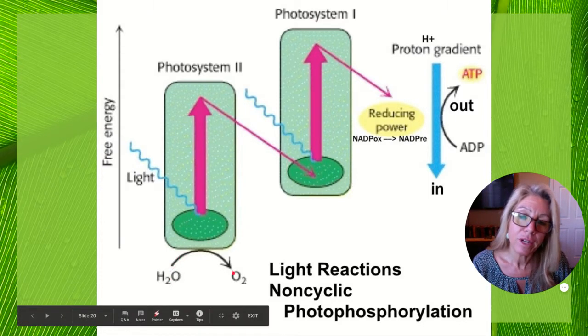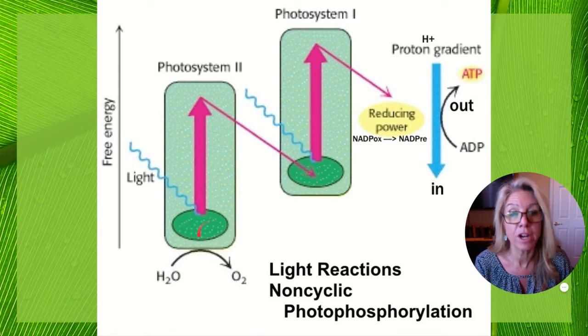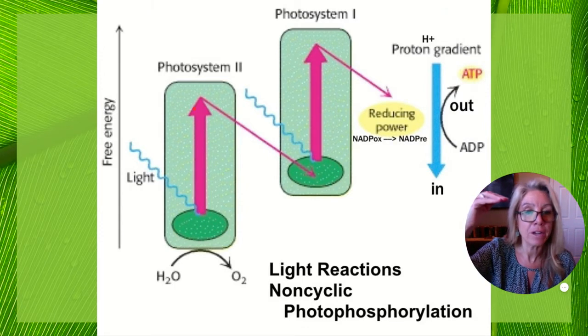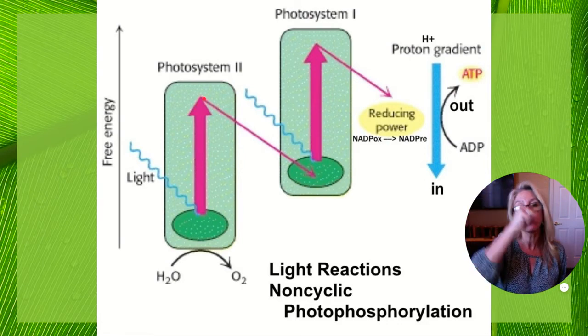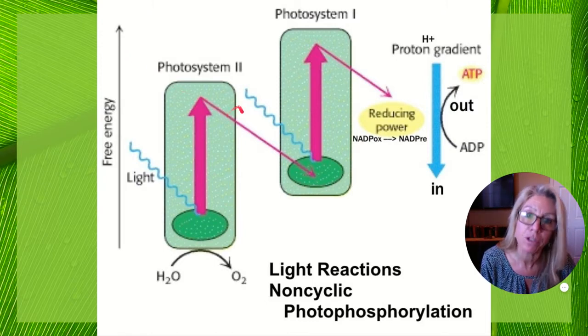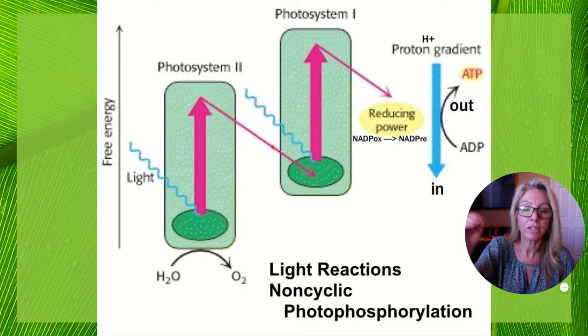Water is going to donate some electrons in photosystem 2, and there are pigments right here to absorb this light energy. And these electrons are going to get excited by this light energy and jump to a higher energy level. So now these electrons, through a series of redox reactions, can be passed to some acceptors here who will accept those electrons.